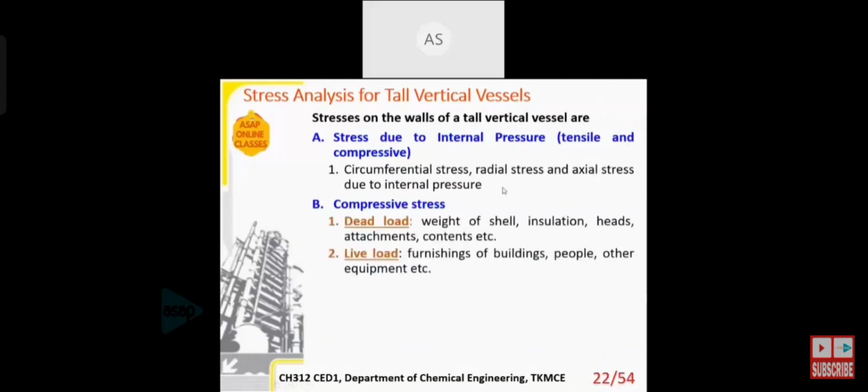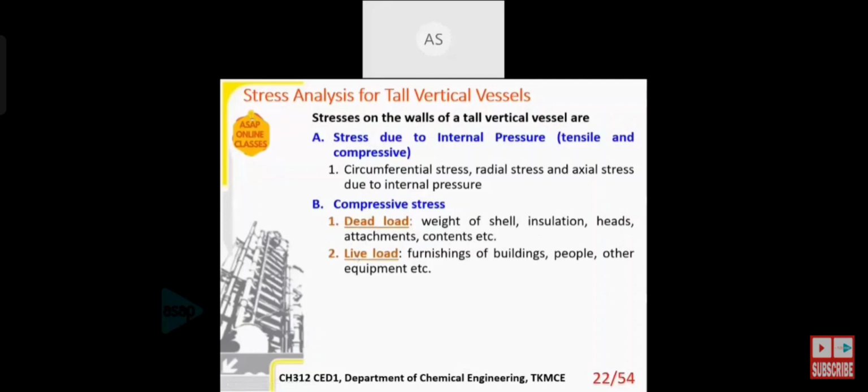Then in compressive, you have dead load. Dead load includes the weight of the shell, insulation, heads, attachments, and the contents. The vessel will have something inside, which is called the content. All these contribute to the dead load, which has a compressive action on the vessel. The second one is the live load, which includes the furnishing.